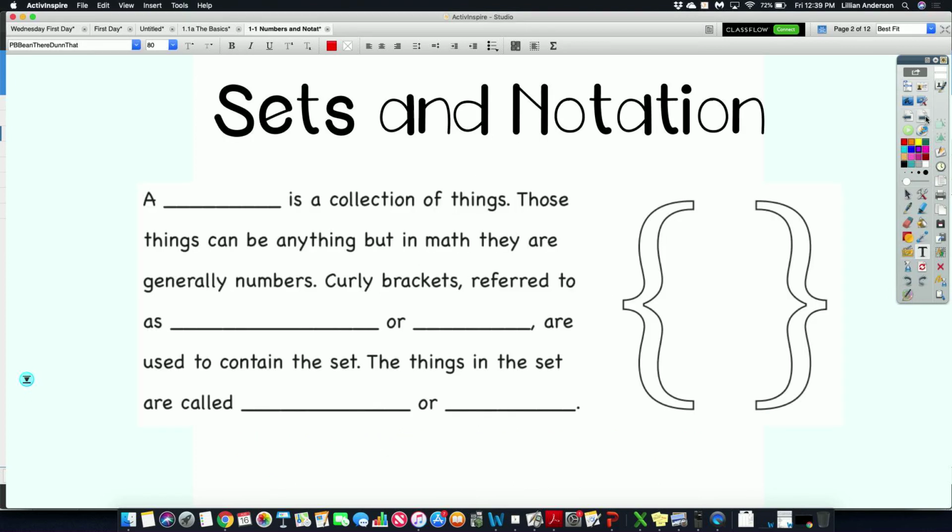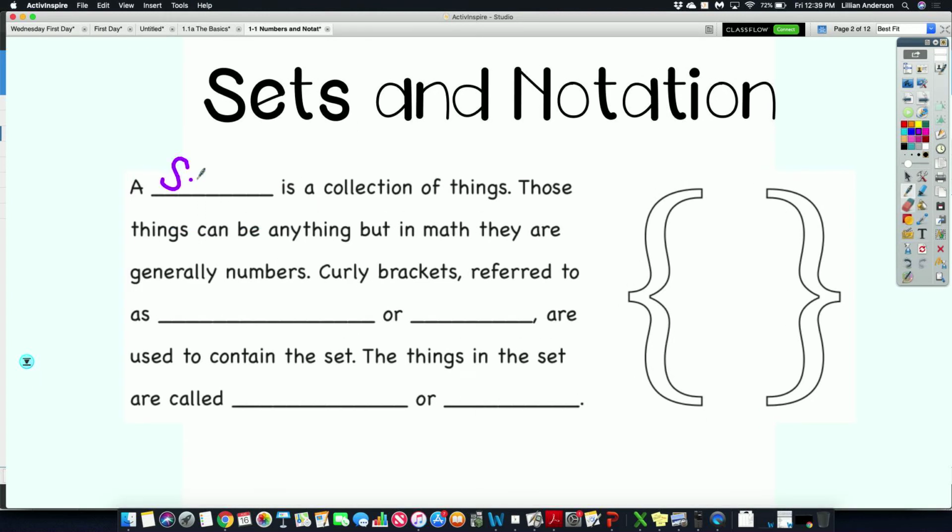Okay. Your first page is the one that has the empty curly brackets, like so. Okay, and so let's talk about this. Sets and their notation. A set is a collection of things. Those things can be anything, but in math they're generally used for numbers.